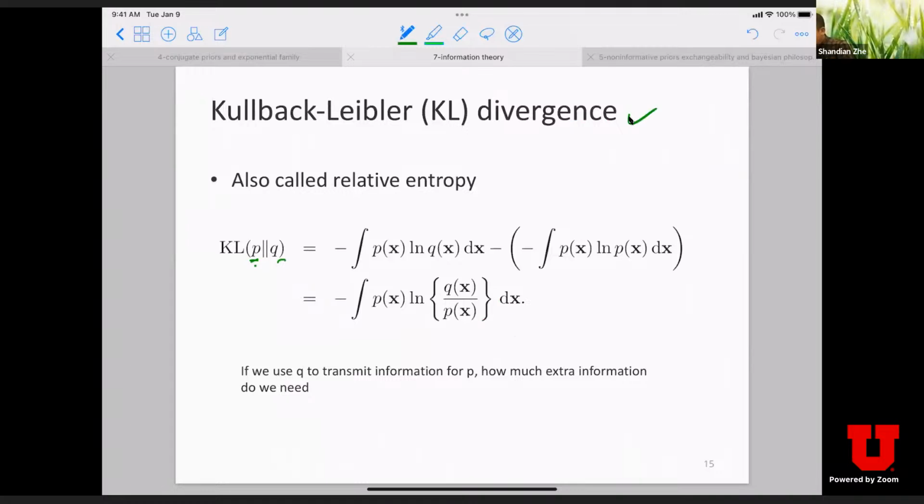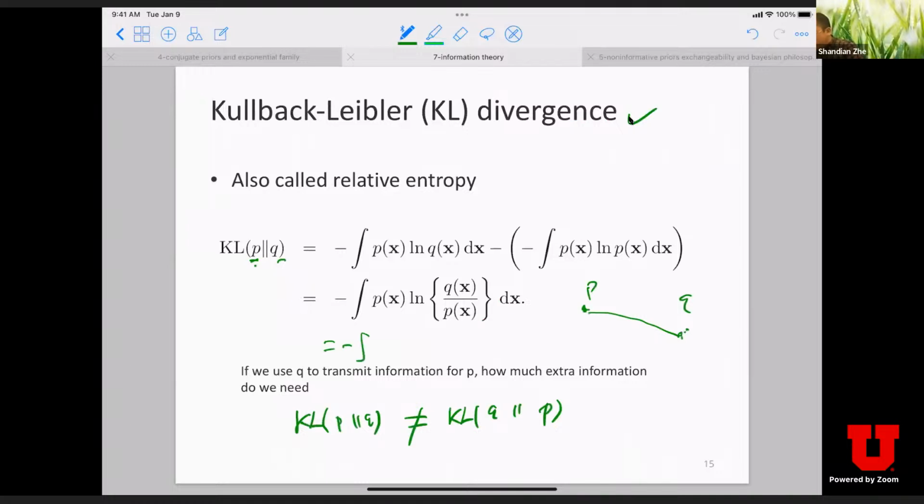So you can roughly view it as a measurement of the difference between two distributions. Remember, here I use two points to represent two distributions. We can use KL divergence to measure their difference. However, this is not a valid distance metric. That means if you compute KL divergence from P to Q, it usually is different from KL divergence from Q to P. You can see this from the formula.